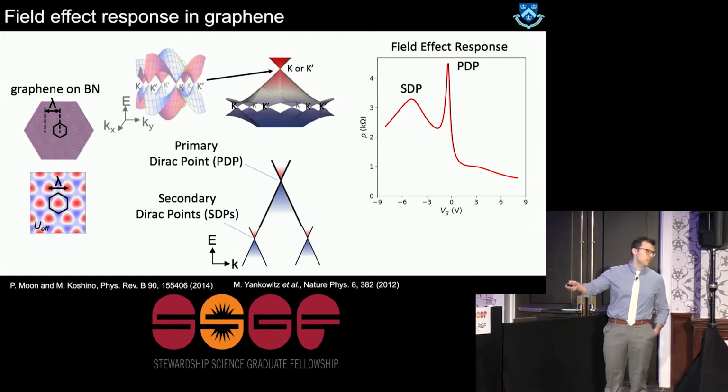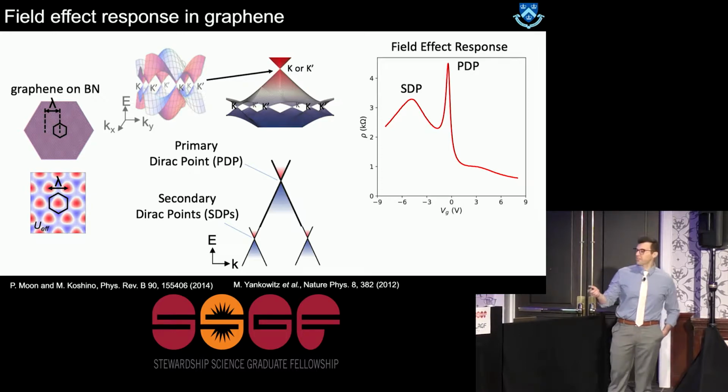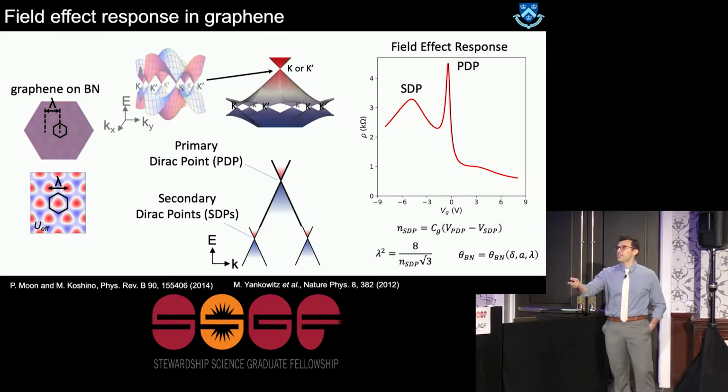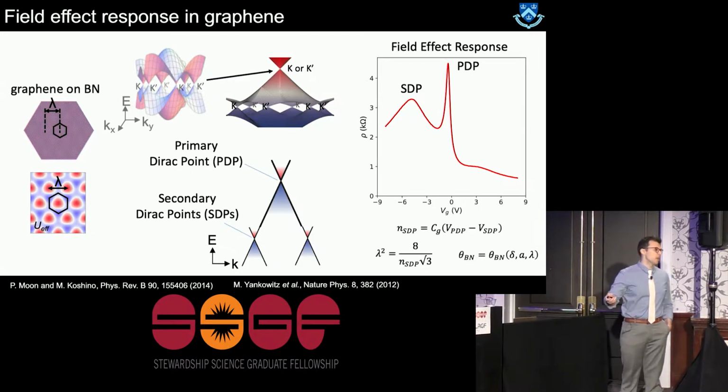And so I get this secondary peak in the resistance versus gate spectrum. Okay, this peak contains the information about the symmetry of the system as well as the superlattice. When it shifts, it's basically telling me information about the wavelength of the superlattice as well as the angle, according to the dispersion that I showed you on the previous slide.